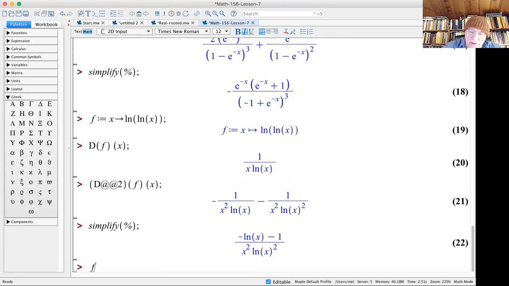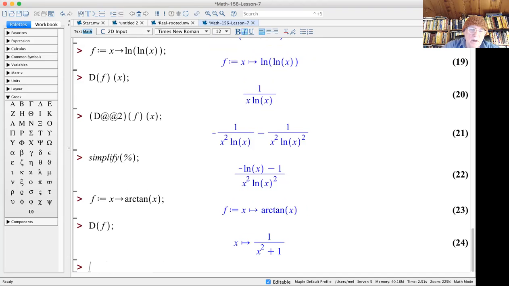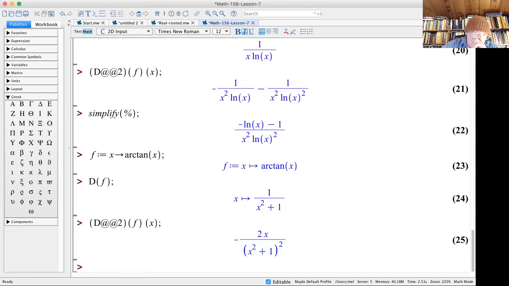For the arctangent, that's the derivative of the arctangent. That's the second derivative. It's by either the quotient rule or the chain rule.